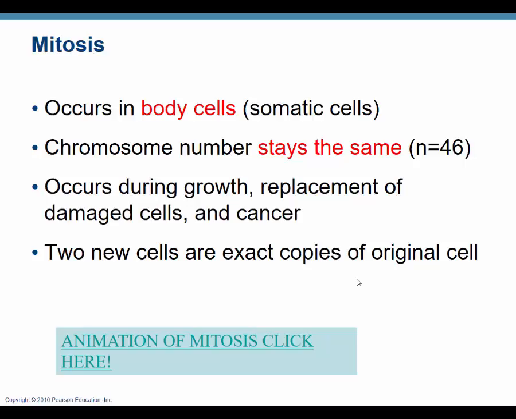Cardiac muscle cells, do they replace themselves? Not necessarily. If they die, they're gone. But during periods of growth, as the heart starts from the size of a baby to a size of an adult, we would replace heart muscle cells in that case.